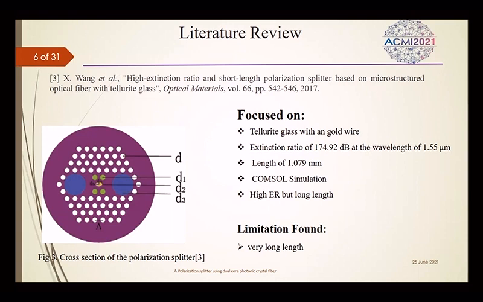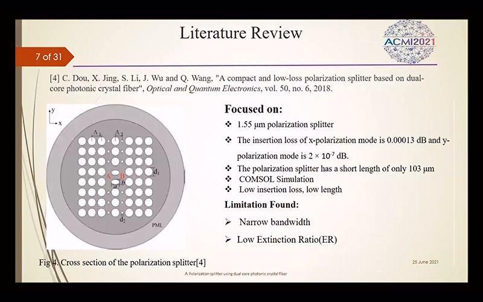Their extinction ratio is 174.92 decibel at the wavelength of 1.55 micrometer and the length is 1.079 millimeter. Their extinction ratio is high but the length is long. This is the limitation of this splitter.